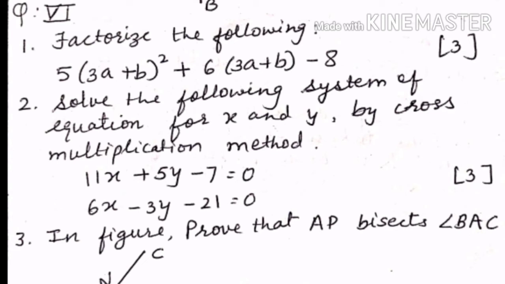Now number 2, solve the following system of equations for x and y by the cross multiplication method. So mostly in the board exams also they ask for the cross multiplication method. So here the constant is already given on the left side, so no need to rearrange it again.